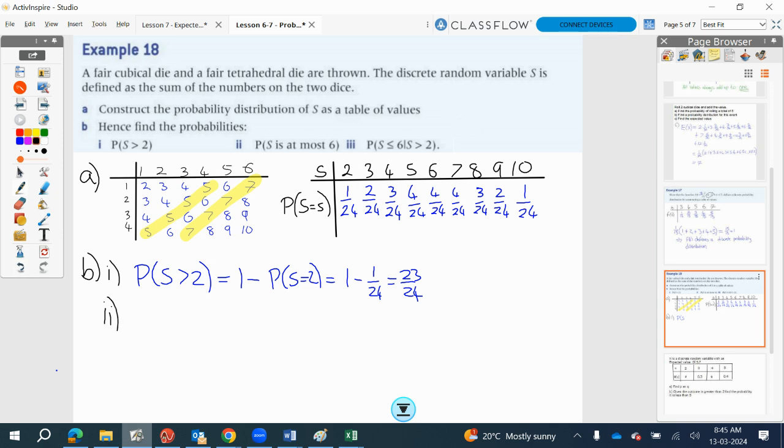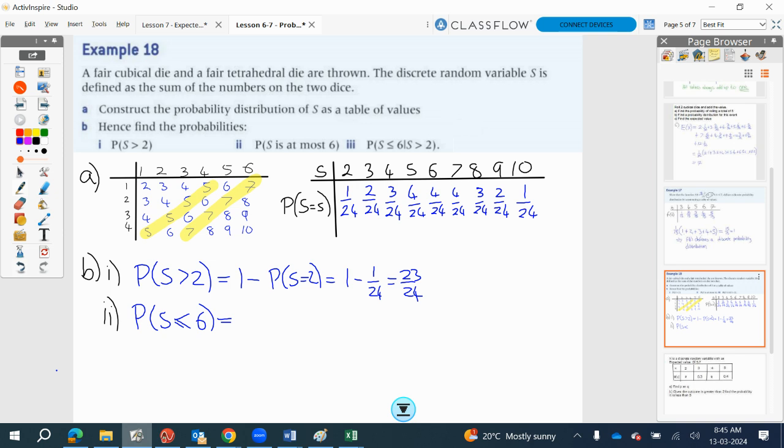2. Probability that S is at most 6. So that's the probability that S is less than or equal to 6. At most 6. Less than or equal to 6.